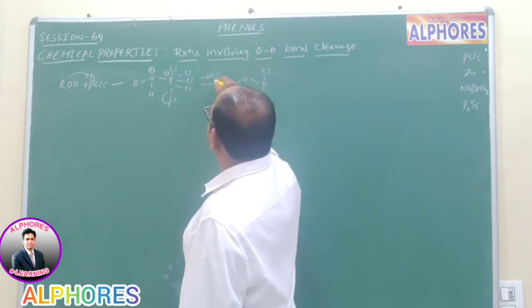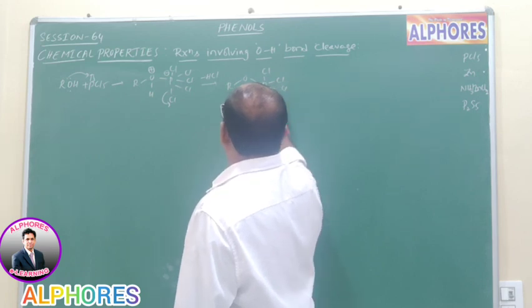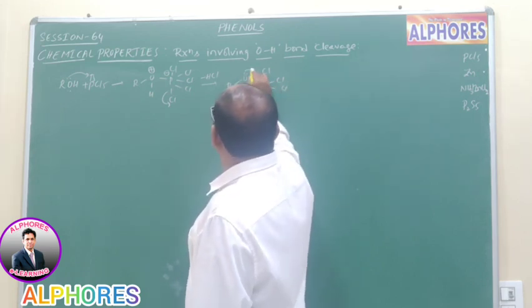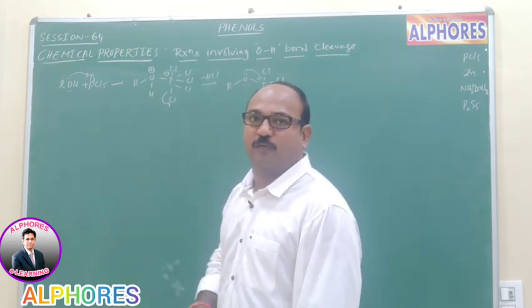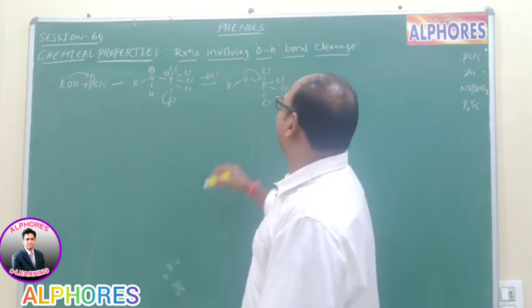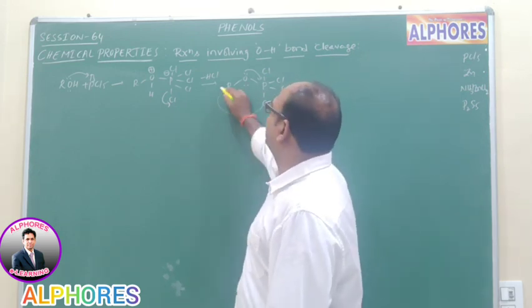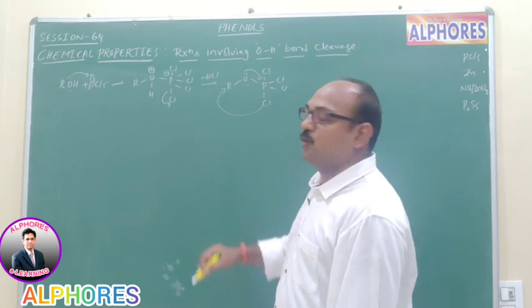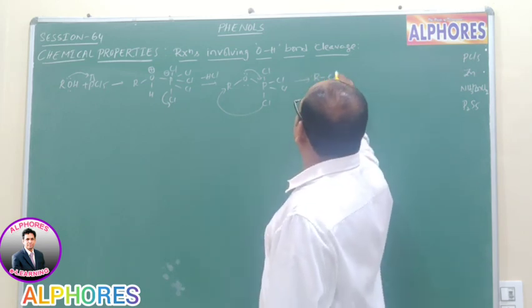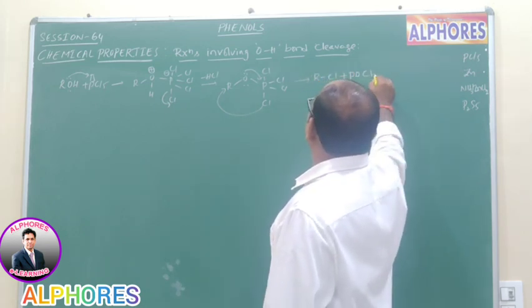Here HCl comes out, here 4 chlorines remain, and later again this oxygen is going to donate an electron pair to the vacant orbital of phosphorus, and one more Cl has to come out. This Cl has to attack upon this alkyl group from the back side. Finally we are getting RCl plus POCl3.